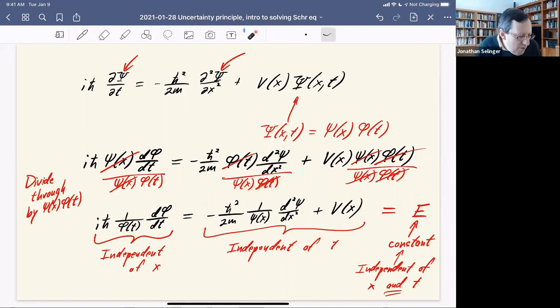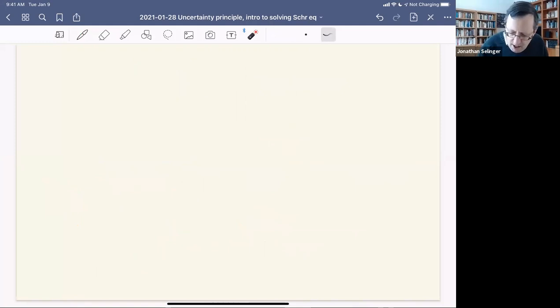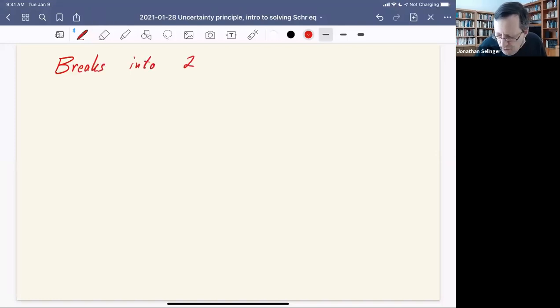Now you can see the point of what we were doing. Our partial differential equation breaks into two equations. One of them involves x, and the other one involves time.